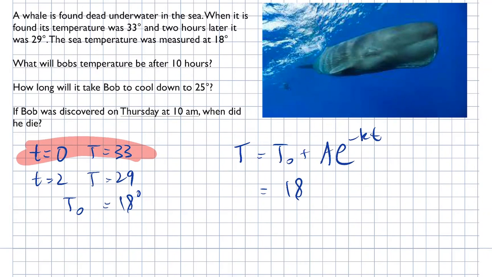So we'll go ahead and do that. So T0 is 18, T is equal to 33, and t is equal to 0. So A e to the k times 0 is A e to the 0, and everyone knows e to the 0 is 1. So from that, I think we can work out that A must be equal to 15. 15 plus 18 is 33. So A is equal to 15.